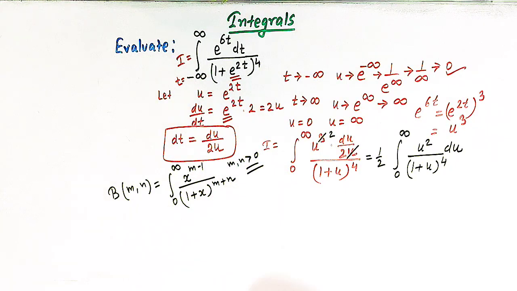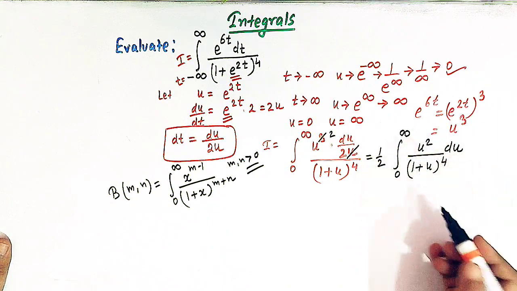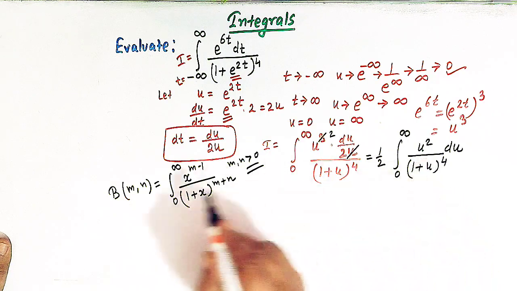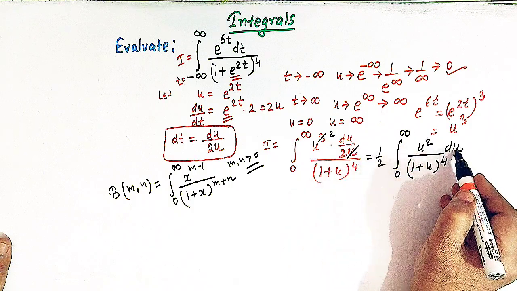Now we have the integral in terms of u, so we can compare these two integrals. Here we have x raised to m minus 1, and here the variable is u.